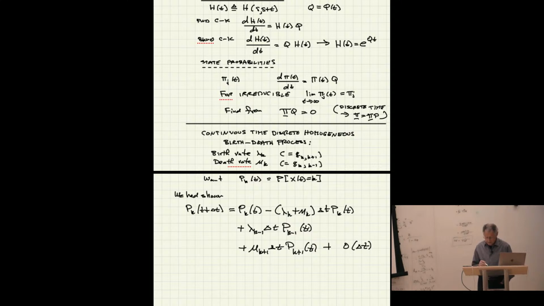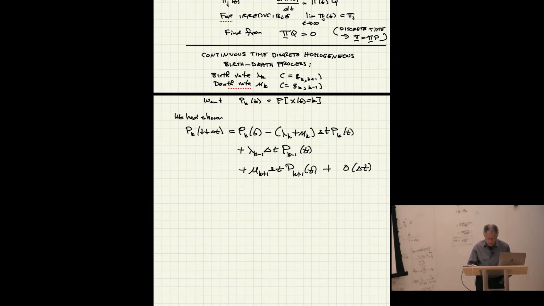Now, we took a particular case of continuous time, discrete state, homogeneous Markov chain, namely something called the birth-death process. The birth-death process has a birth rate lambda k, which means the rate of going from k to k plus 1, namely a new customer arrives or is born to the system.